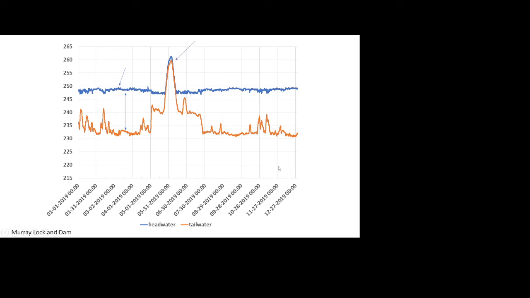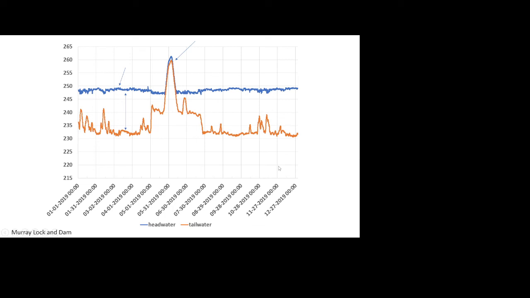And you can see that when you get to higher elevations at Murray, the headwater and tailwater come very close together. And that tells us two things. Number one, we're not going to be generating any power during that time, because we just don't have the difference between the upstream and the downstream to drive those turbines.